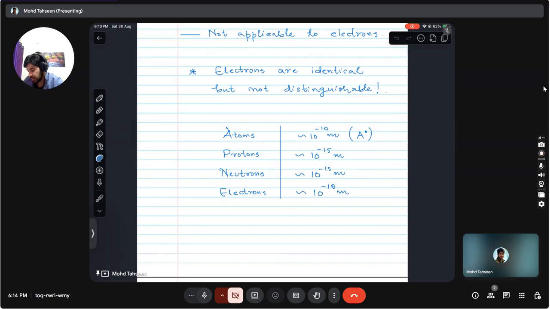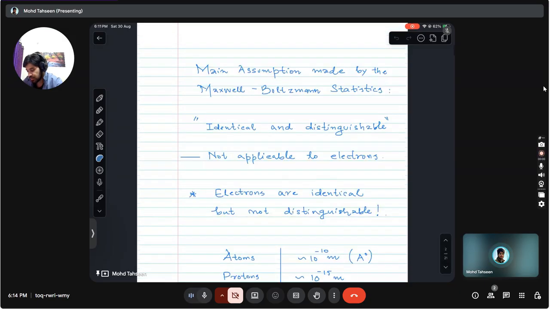And for electrons, there are estimates that the size is somewhere around 10 to the minus 18 meter. It's because of these size effects that the quantum mechanical principles become more evident and prominent in these species.